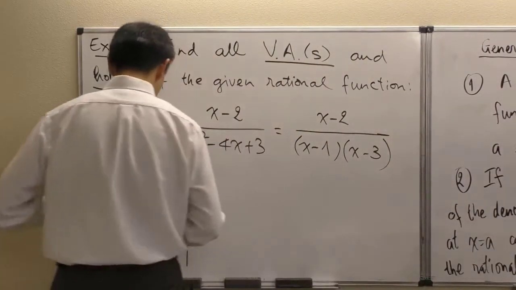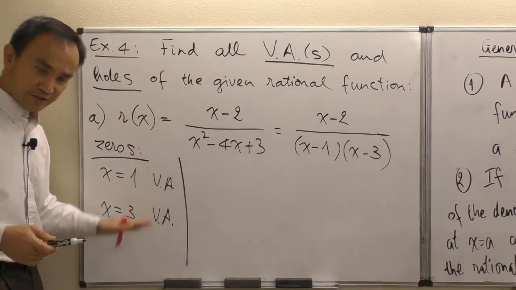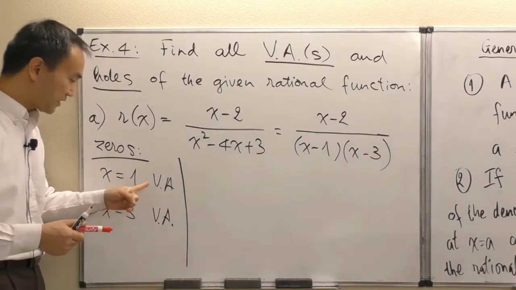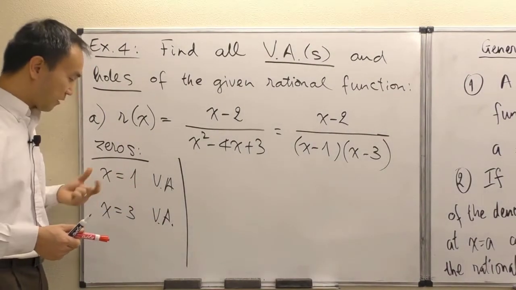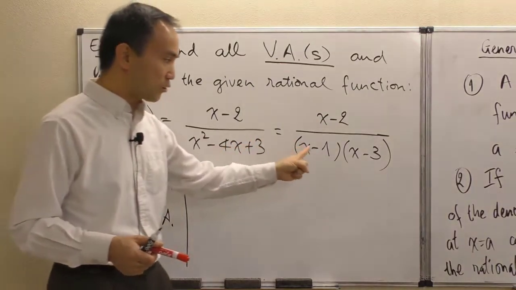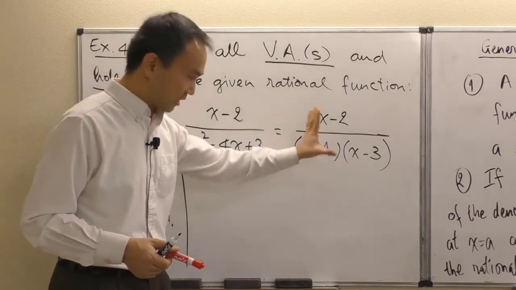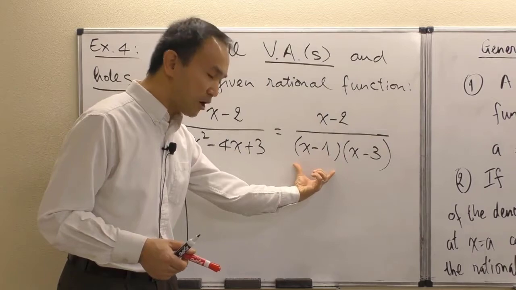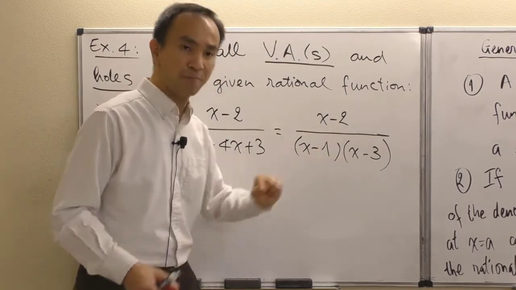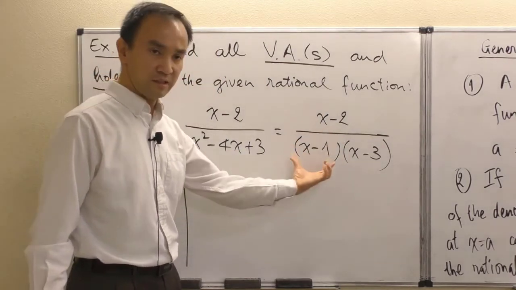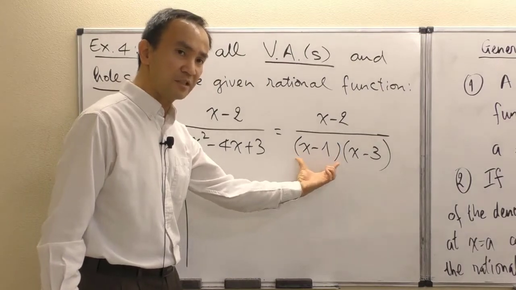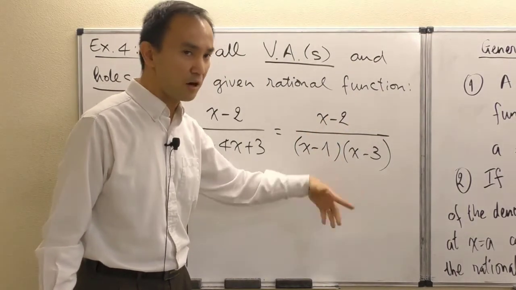Now in this way, we're going to test all of these zeros right here. The first 0 here is at x equals 1. The linear factor corresponding to that is here, and with its multiplicity, this is the only factor, and its multiplicity is 1. So now is this distinct factor canceled out completely? Obviously it's not.